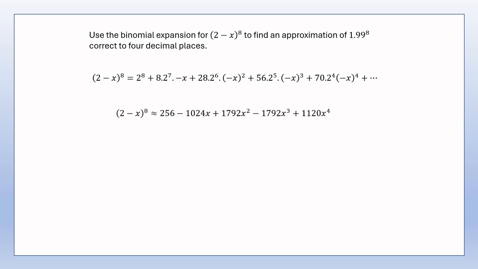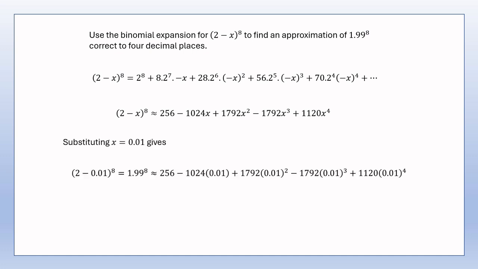So we have that (2 - x)^8 is approximately equal to 256 - 1024x + 1792x² - 1792x³ + 1120x⁴. And so substituting x equals 0.01 gives (2 - 0.01)^8, which of course is equal to 1.99^8, is approximately equal to 256 - 1024 × 0.01 + 1792 × 0.01², and so on.